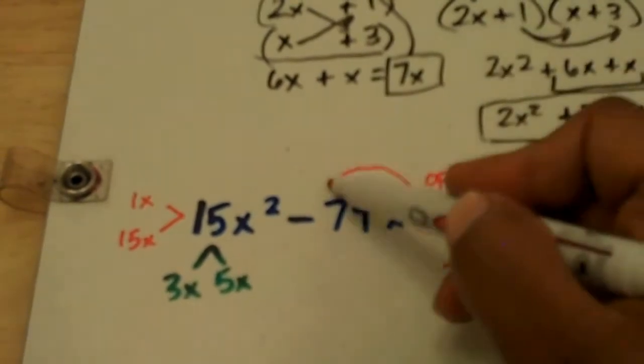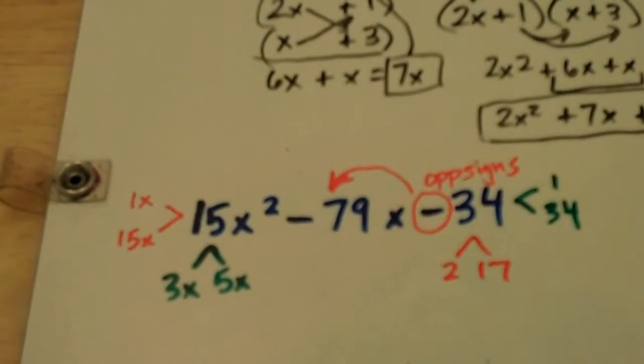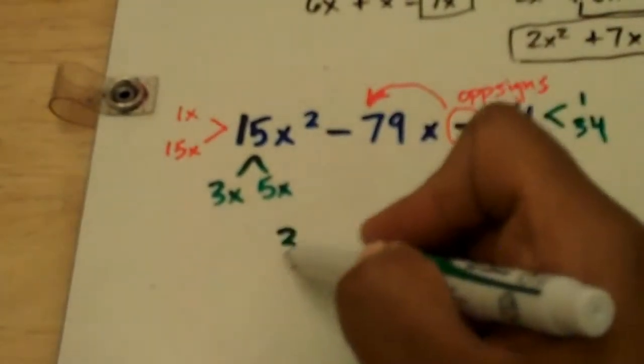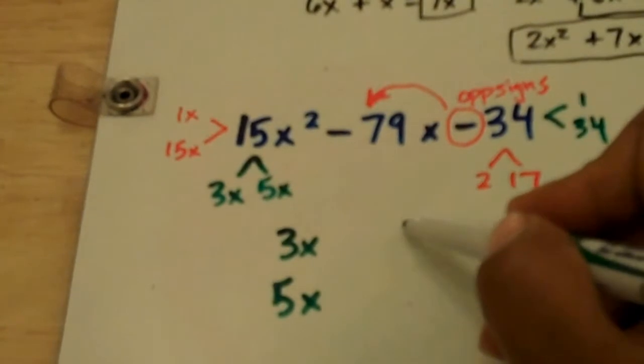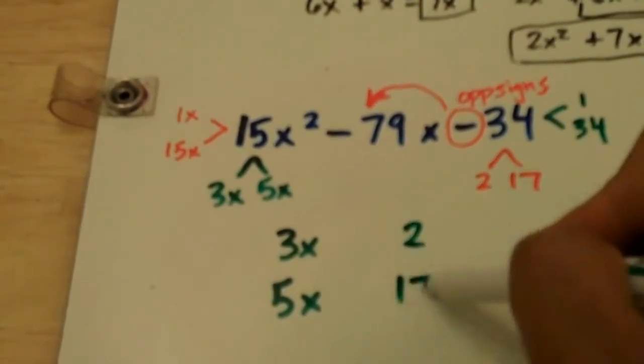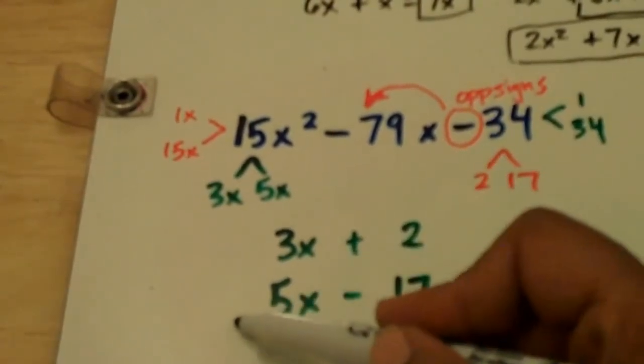And if we look at the middle term, we want to end up with negative 79. So now let's work with some numbers. We'll start with 3x and 5x, and 2 and 17. And I'm just going to put our signs here, opposite signs.